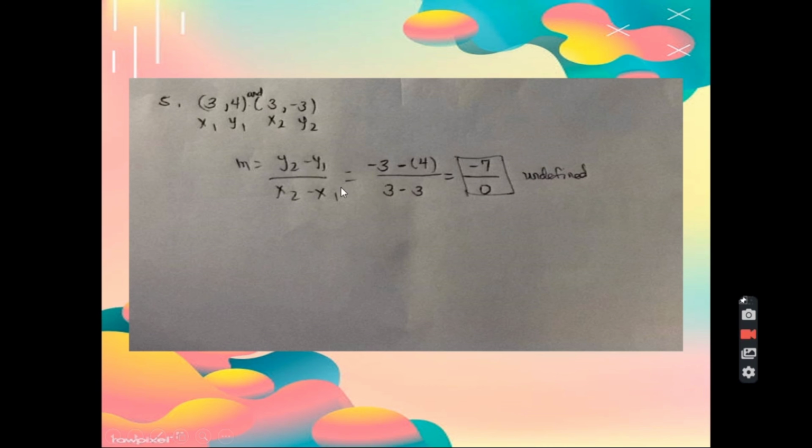X sub 2 is 3, X sub 1 is also 3. So negative 3 minus 4 is negative 7. And then 3 minus 3 is 0. So negative 7 divided by 0. This is our answer for number 5. Okay, negative 7 over 0 is our slope for number 5.